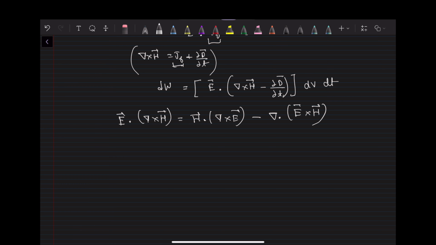So then, very important, I'm trying to introduce to you something called the Poynting vector. What does it physically mean? I'll tell you very soon, but let's write this part. This is very important.